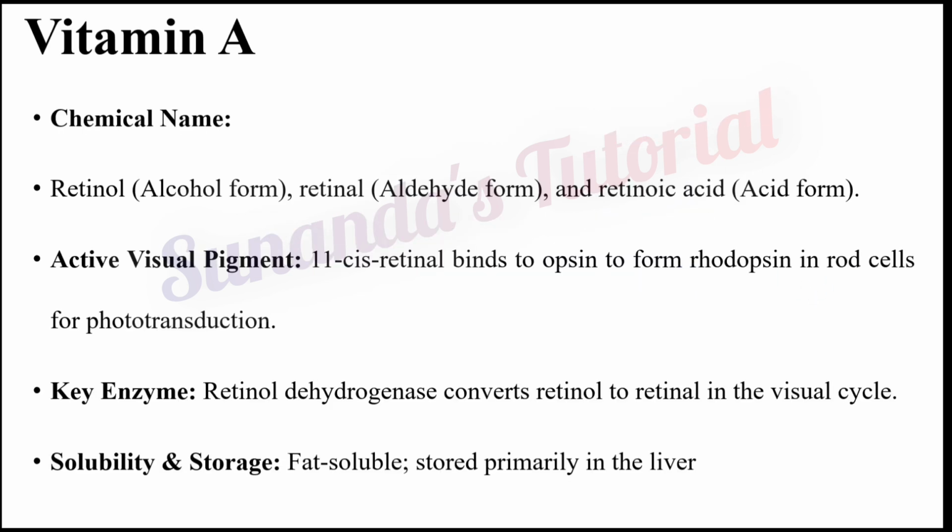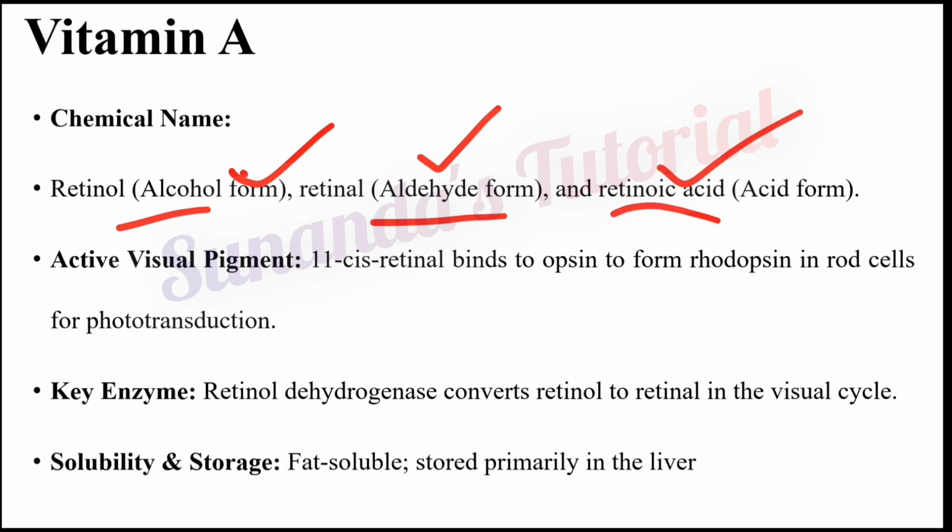Next, fat soluble vitamins: vitamin A, E, D and K. The chemical name of vitamin A is retinol, which is the alcohol form, retinal, which is the aldehyde form, and retinoic acid is the acidic form of vitamin A. It forms the active visual pigment: 11-cis retinal binds to opsin to form rhodopsin in rod cells for phototransduction.